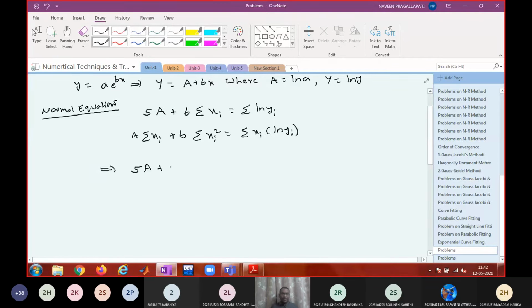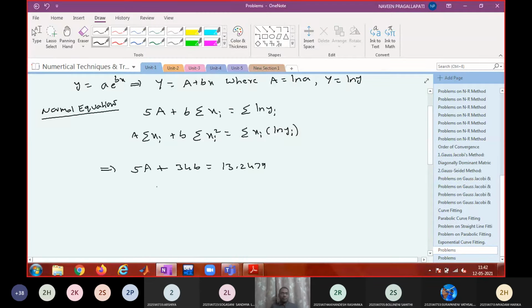5A plus b into sigma xi. 34, sir. So 34b is equal to sigma ln y: 13.2479. Okay.